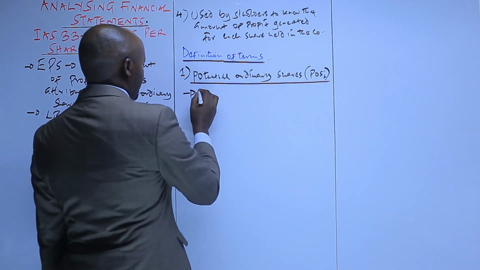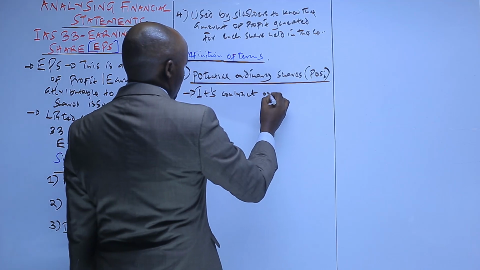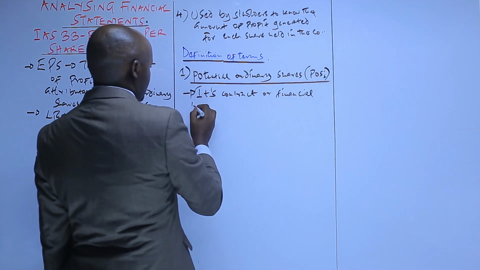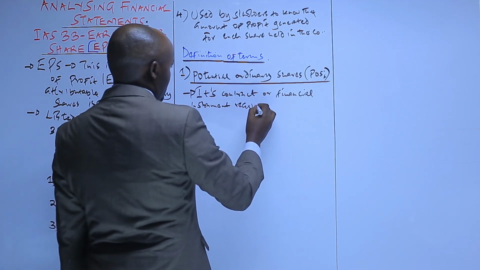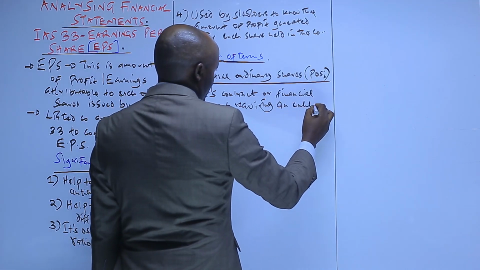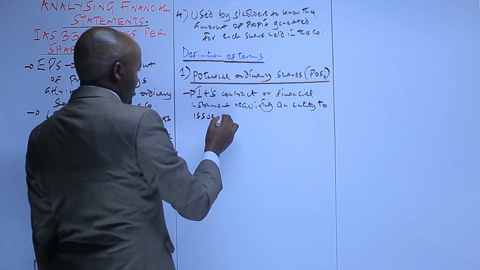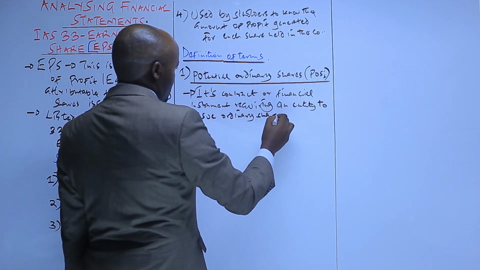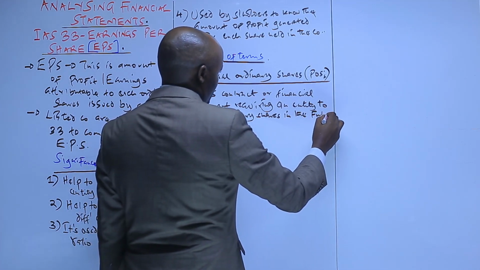So we can say it is a contract or financial instrument requiring an entity to issue ordinary shares in the future.